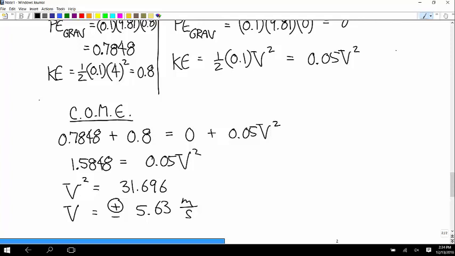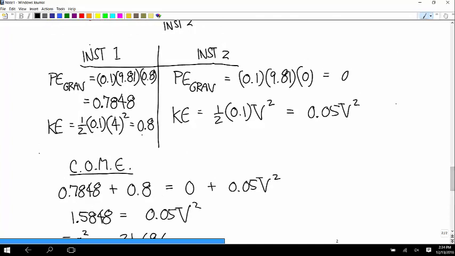According to this model, which simplifies some things, but that's pretty accurate. Oh, okay. So that second 0.8, in the gravitational potential energy, it's the height, but it also just happens to be equal to the kinetic energy.